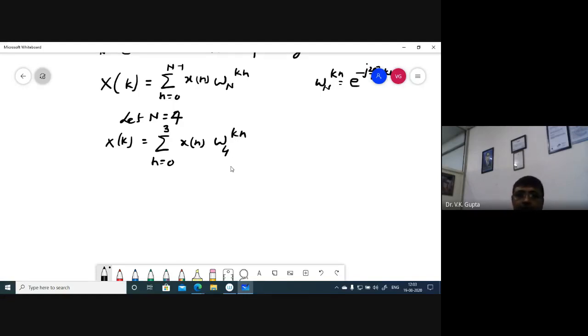Let us expand this sum, where k varies from 0, 1 up to N minus 1, that is 4 minus 1, 3.